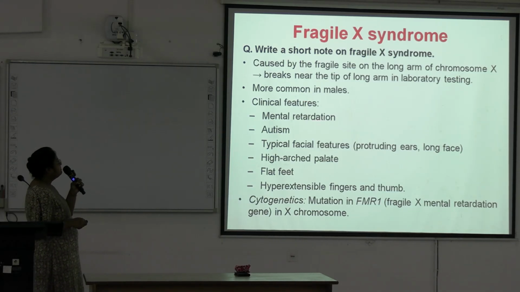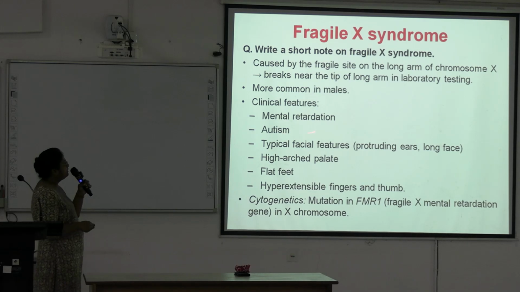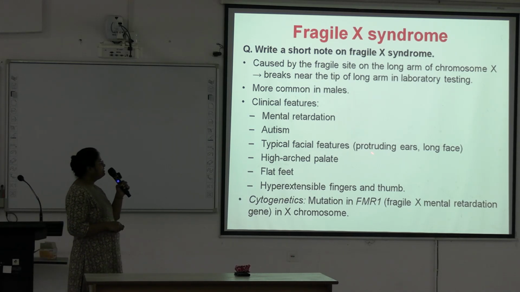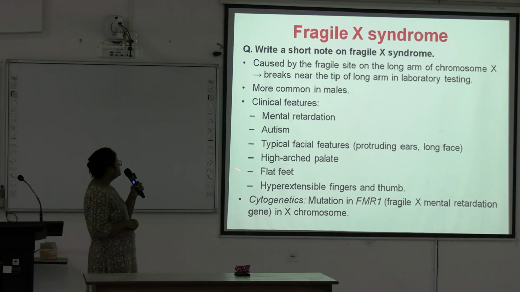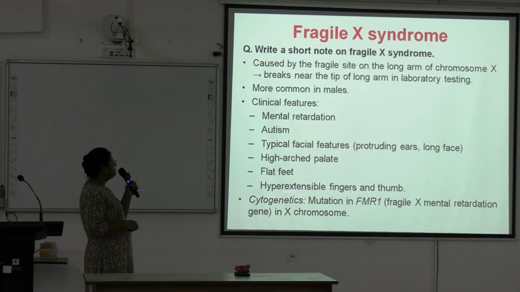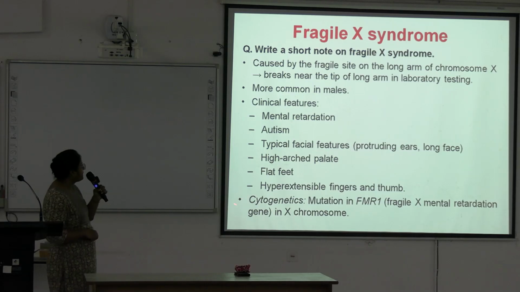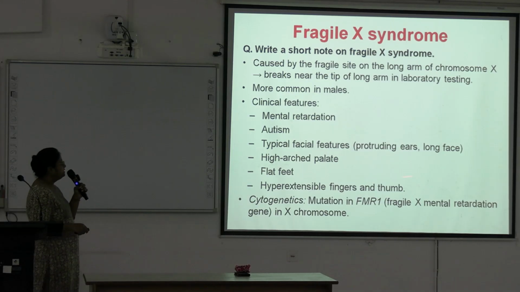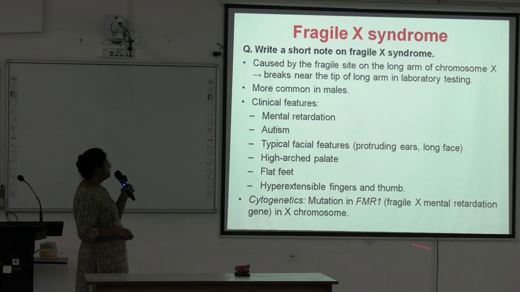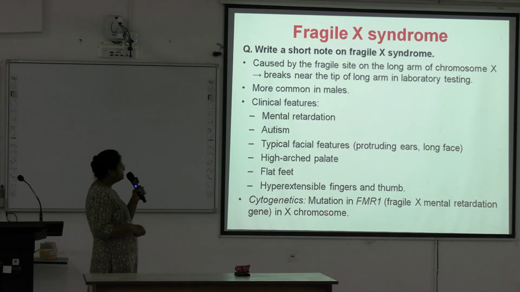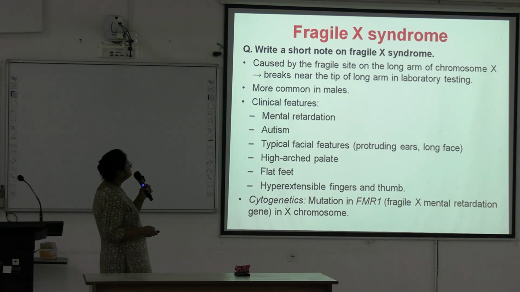There will be mental retardation, autism, typical facial features like protruding ears, long face, high arch palate, flat feet, hyperextensible fingers and thumb. Cytogenetically, there is mutation in FMR1 on the X chromosome. FMR1 is the fragile X mental retardation gene. Okay, so this gene mutation is present.